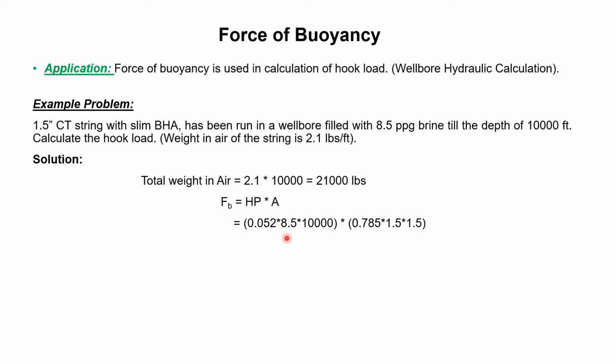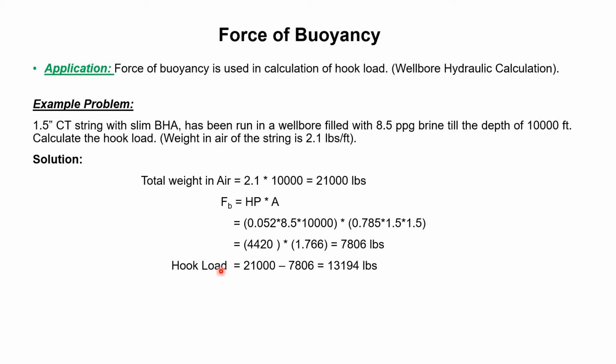Density is 8.5 and the depth of the wellbore is 10,000. Multiply by area, and the formula for the area is 0.785 into OD square, and the OD of the BHA is 1.5, so 1.5 multiplied by 1.5. When we solve this, we get the force of buoyancy equal to 7806 pounds.